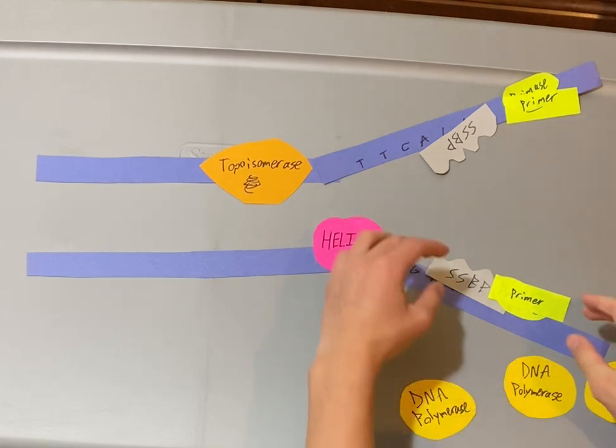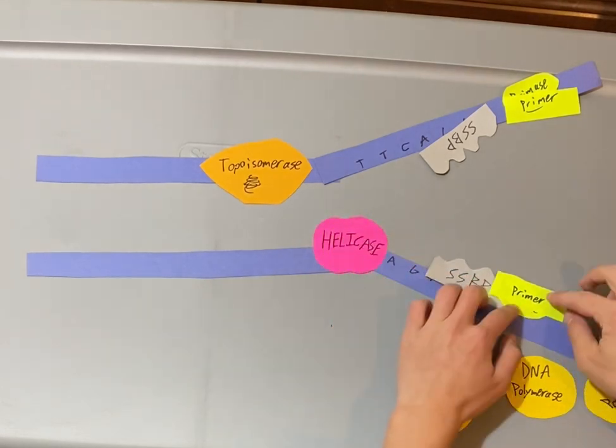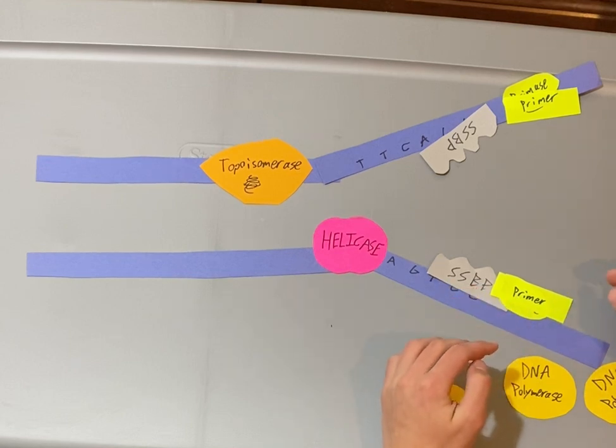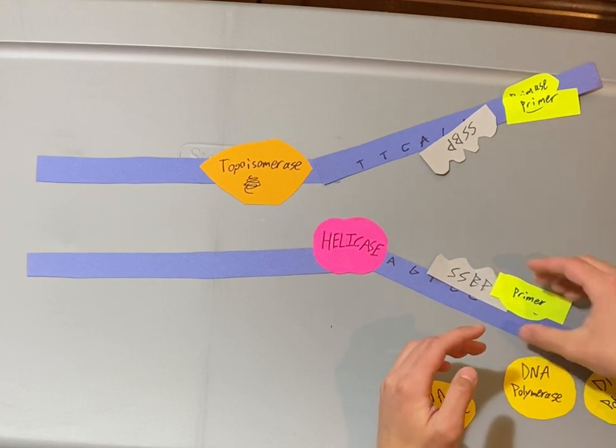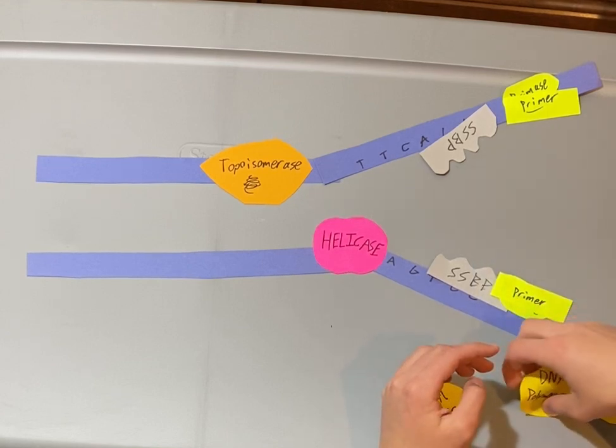So originally we have half a strand here, and then we add this RNA strand primer to complete kind of a complete strand here, so that the DNA polymerase can bind on these primers.